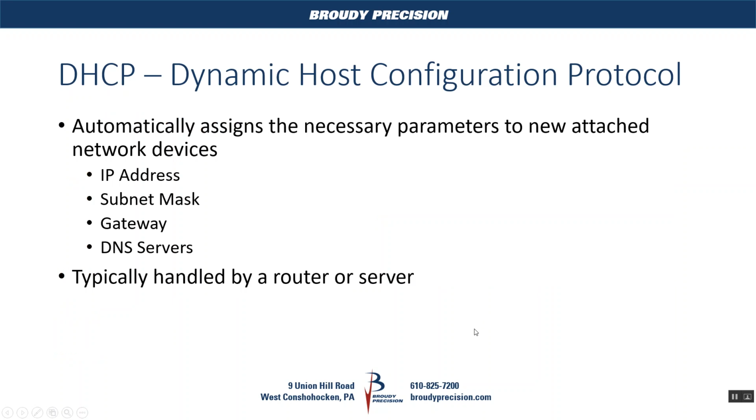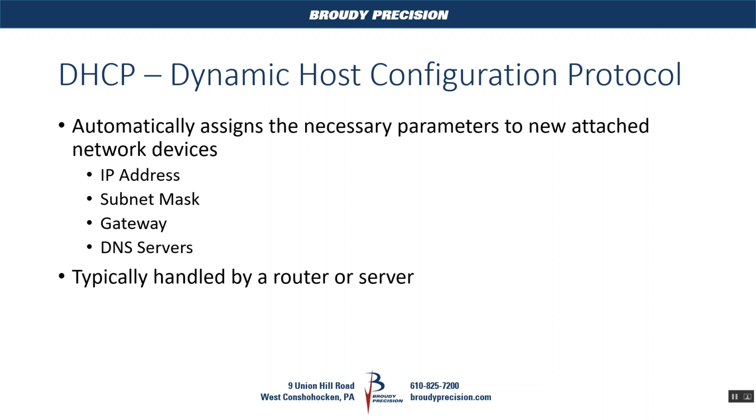So what is DHCP? DHCP is the Dynamic Host Configuration Protocol, and what it does is it automatically assigns all the necessary parameters that a device needs to talk to a network that it's plugged into. So all those parameters that we talked about before, IP address, subnet mask, gateway, and your DNS servers, automatically come in from a server or from a router and get assigned to your device once you plug it into the network.